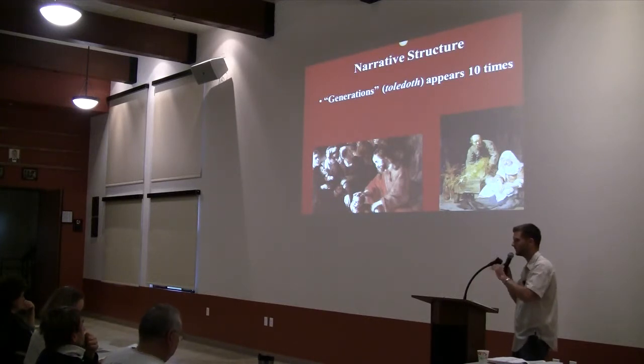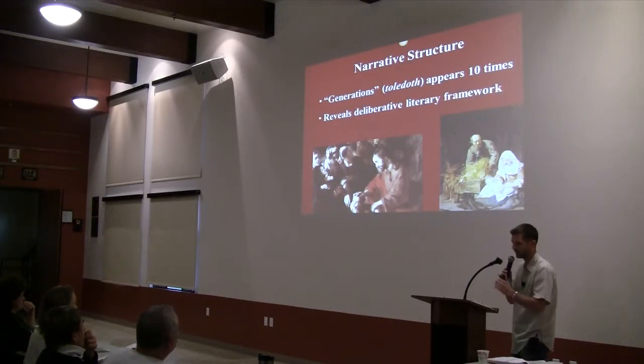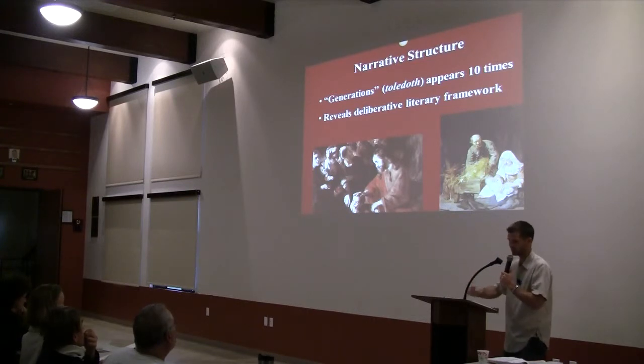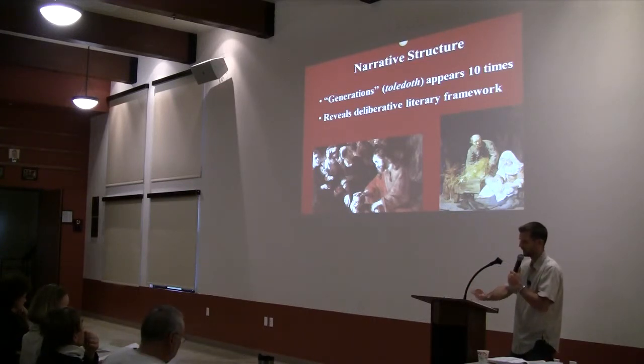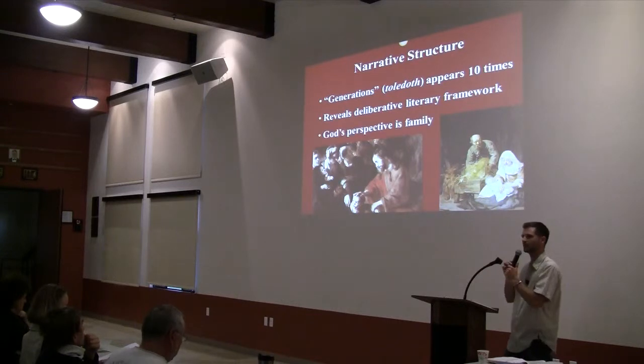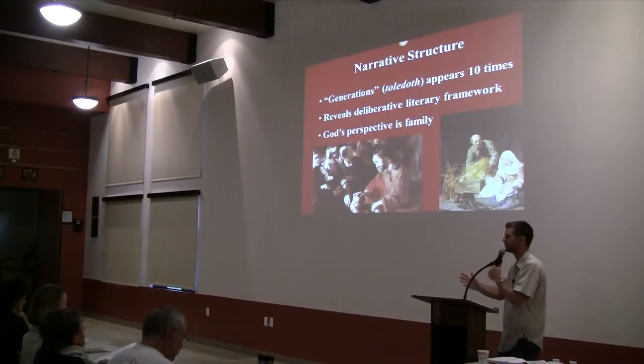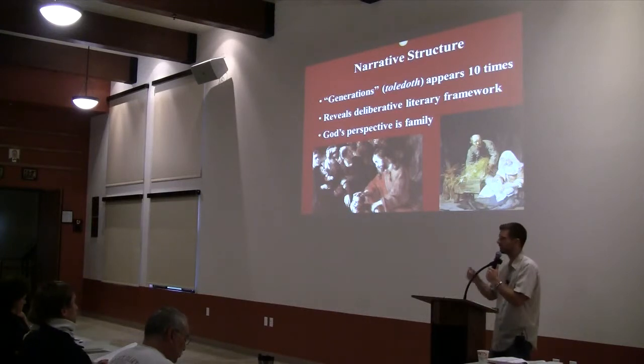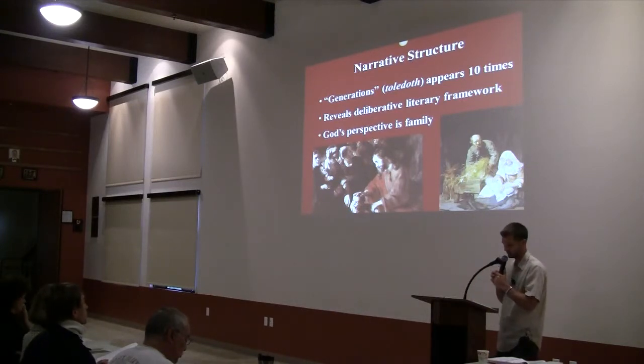And so the use of this word is deliberate by the author. And it's designed to once again show us history from God's perspective. And the focus of that perspective, once again, just like the birth of Christ, is not wars or politics. It's about a family.